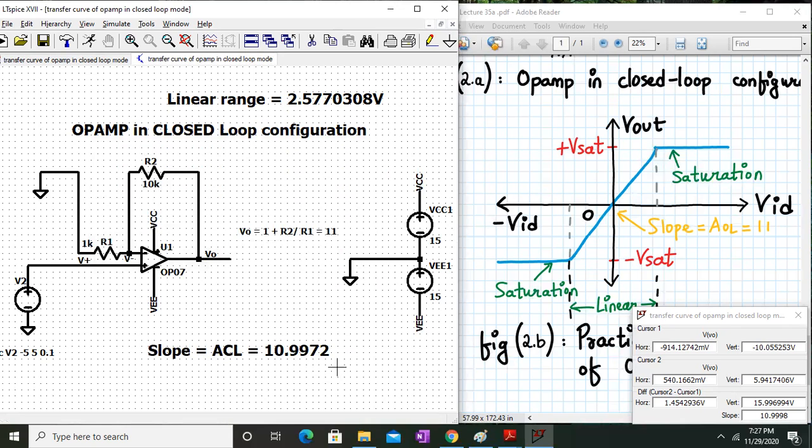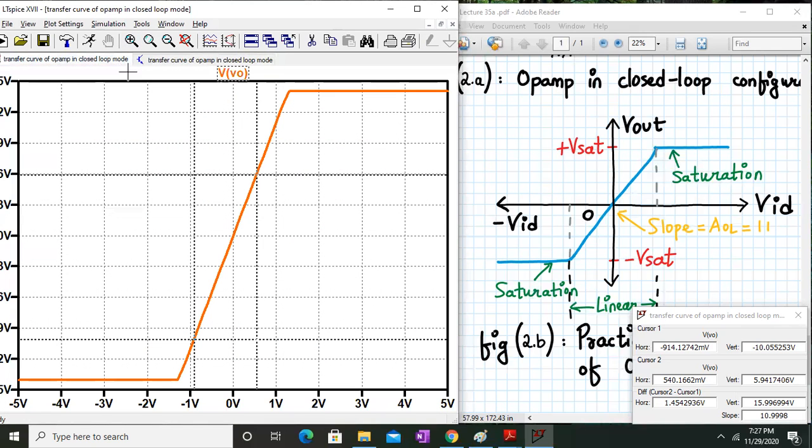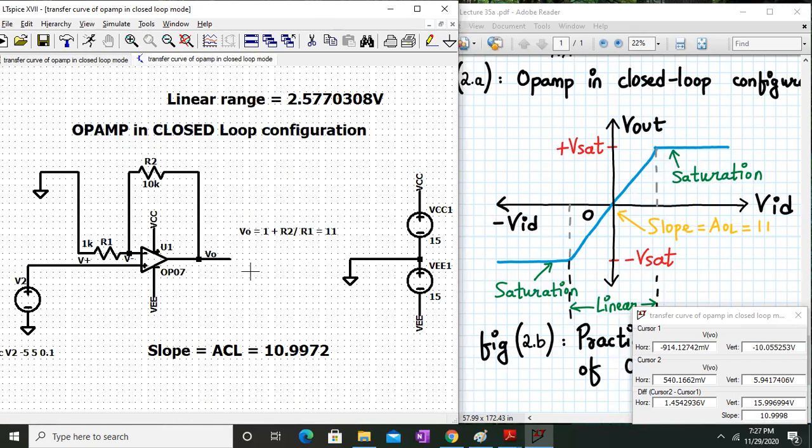And the closed loop gain has drastically reduced from the open loop gain. Open loop gain was 2 into 10 to the power 5. It has drastically reduced due to negative feedback. It has come down to 10.99. But at the same time, we have a very large increase in the linear range. That means the chances that this op-amp will be falling in the linear region, it's very, very high.